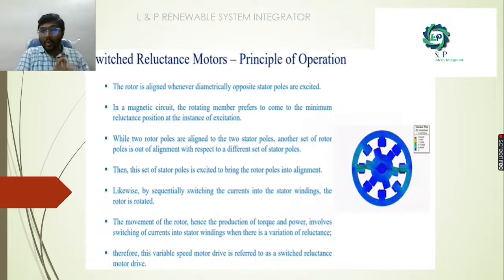Then that set of stator poles is excited to bring the rotor poles into alignment. Likewise, by sequentially switching the current into the stator windings, the rotor is rotated. The movement of the rotor, the production of torque and power, comes from switching current into the stator windings where there is a variation of reluctance.